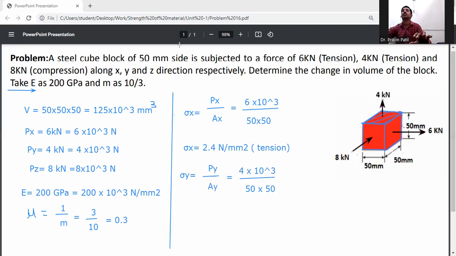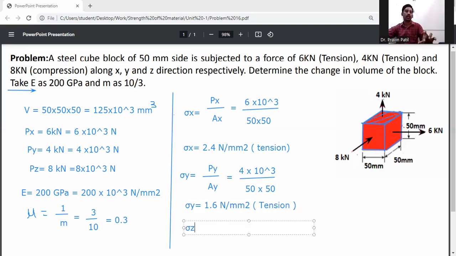Stress in y direction is equal to 4 into 10 raised to the power 3 divided by 50 into 50. It will be 1.6 Newton per mm square, in tension, because the force is tension.